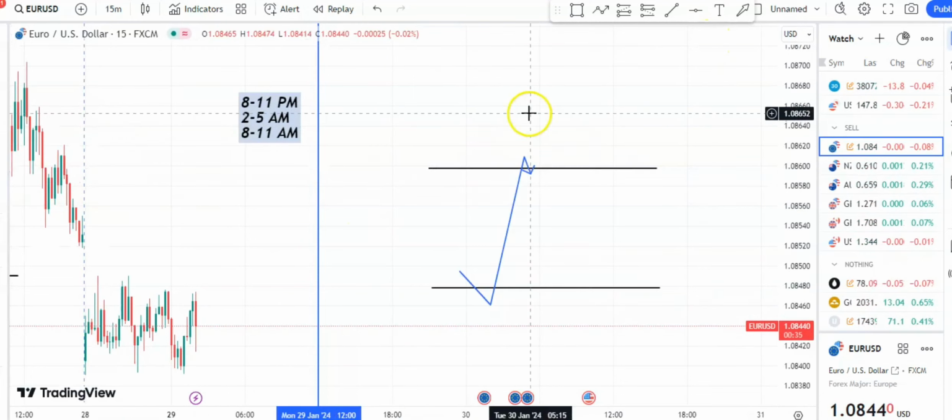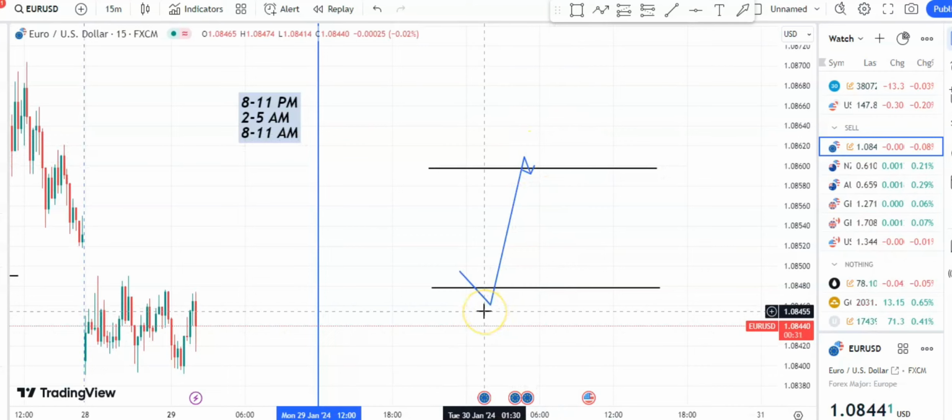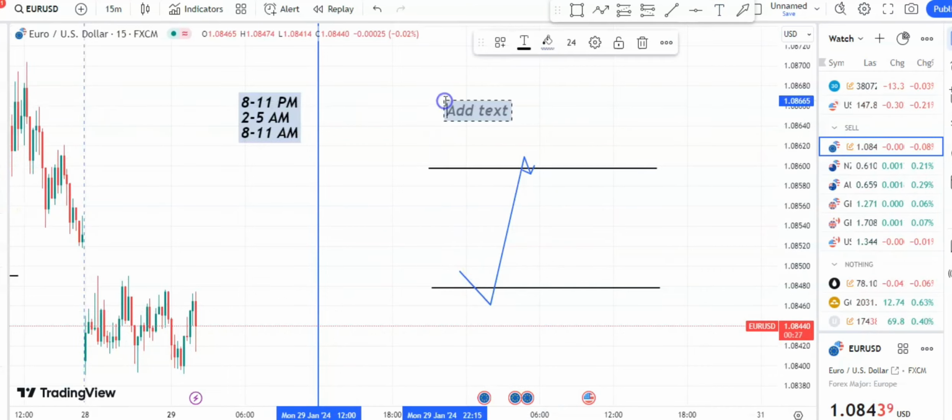Now that we understand the timing window, we move on to the next step, which is identifying where the money is. Liquidity is at the high and at the low. Now, at the high and the low of what? Number one, in my opinion, the place where we have the most liquidity is the high and the low of the week. And then we move on to the high and low of inside days.